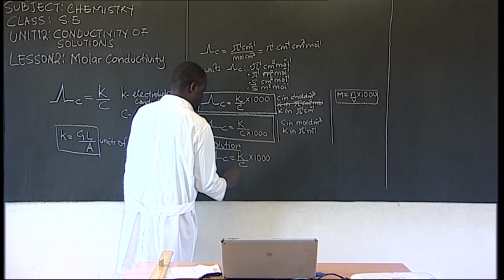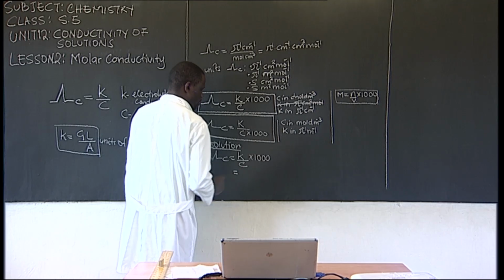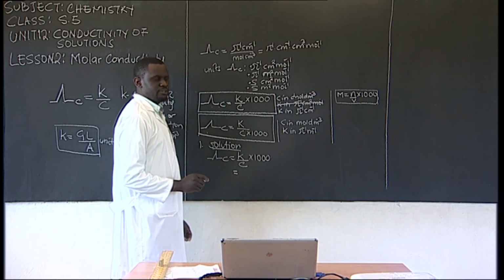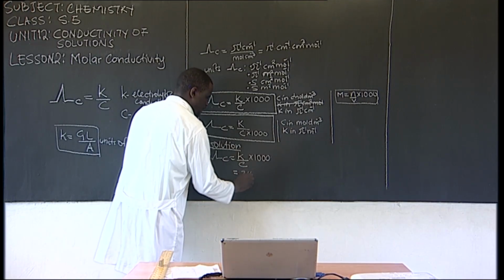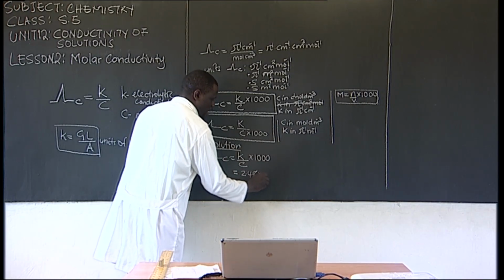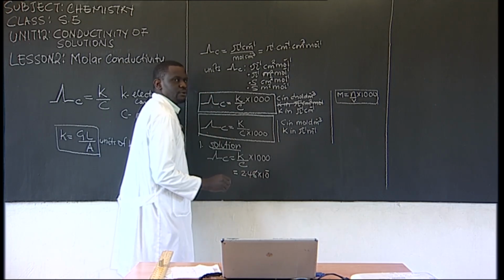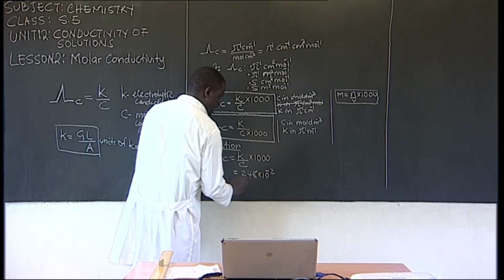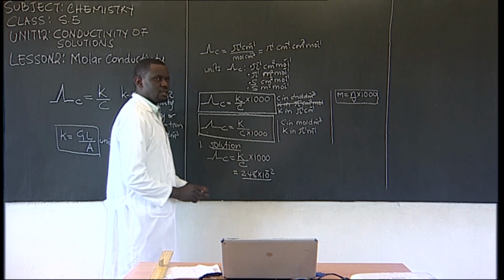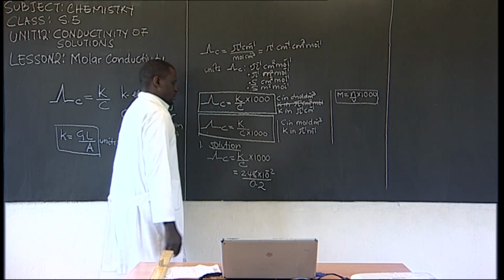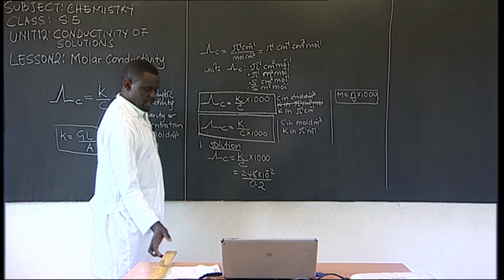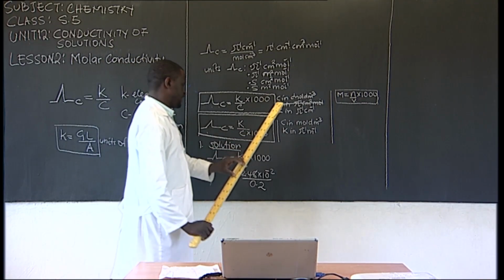Then we substitute 2.4 times 10 to the power negative 2 divided by our molarity.